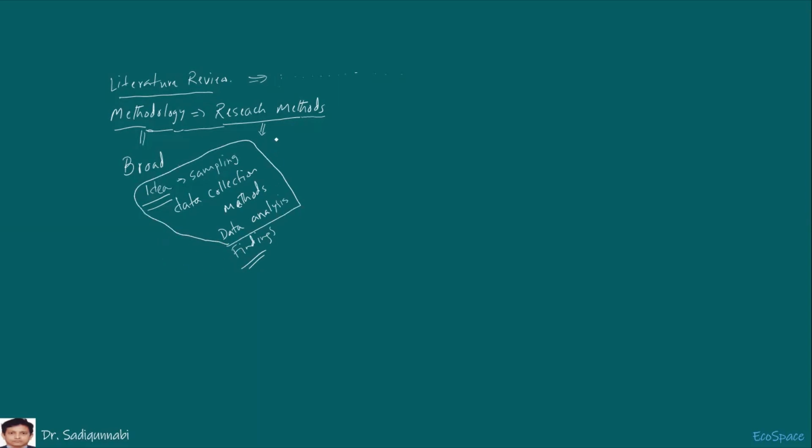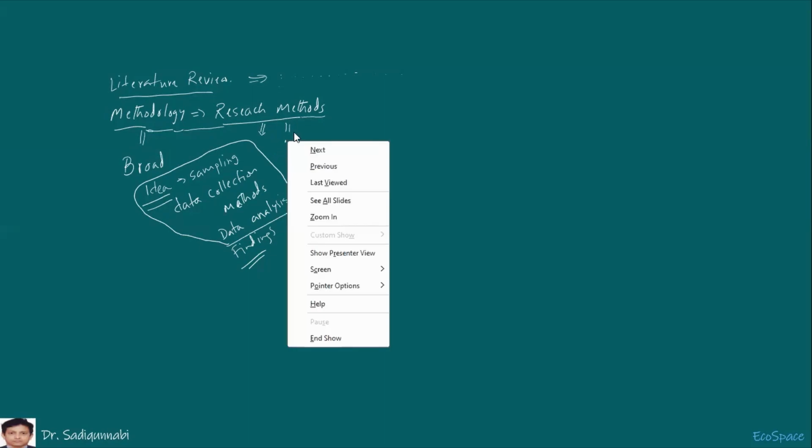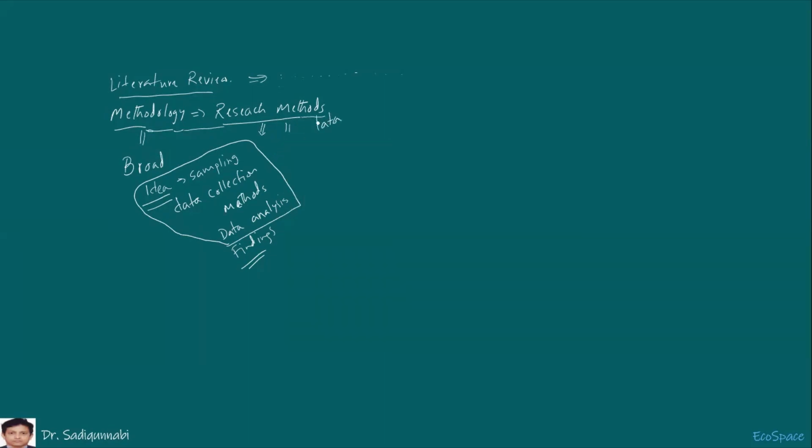Okay. And research method is not so much broad. It may be simply data and methods, or simply data collection methods. This smaller sense is called research method, and methodology is the broader sense.